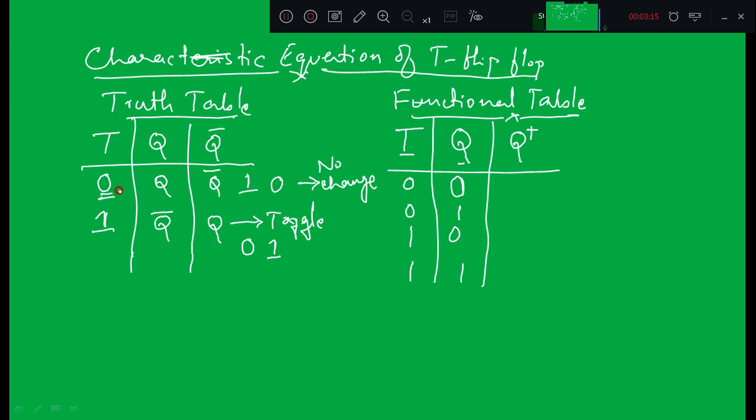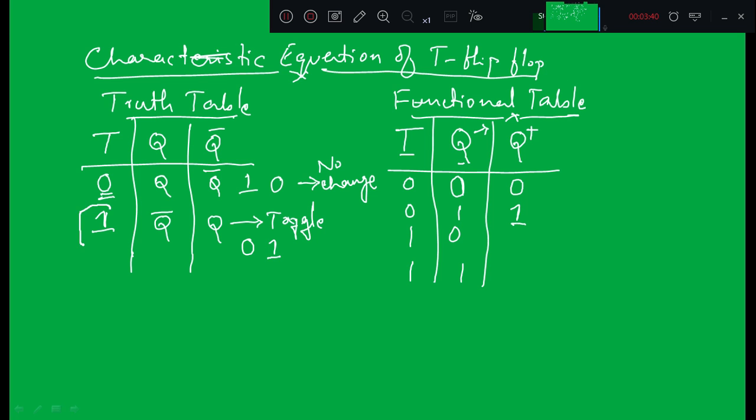If my previous state is 0 1, it is going to remain in that state only when T is equal to 0, right? So here the previous state is 0 when T is equal to 0 for the first combination. That means it is going to remain in its previous state. The next state will also be equal to 0, right? Next, when T is equal to 0, Q is 1, the previous state is 1, so it remains in its previous state, which is equal to 1, right?